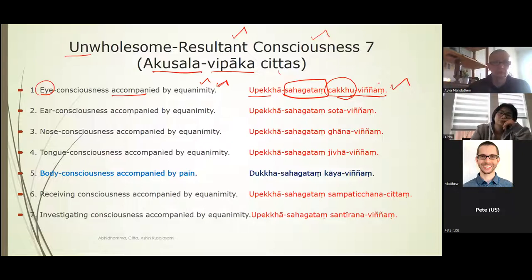I always give the example of an old camera with a film inside. If you take a picture, the camera does not know whether the picture is good or bad. The duty of the camera is just to take the object.